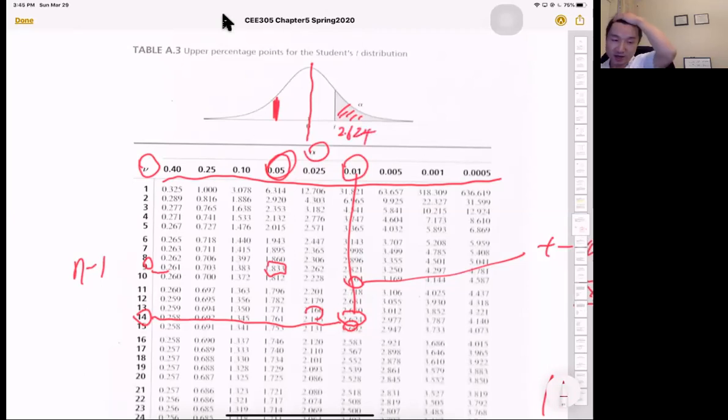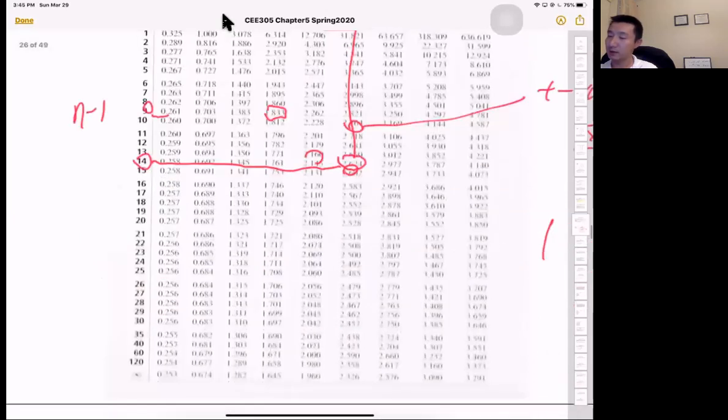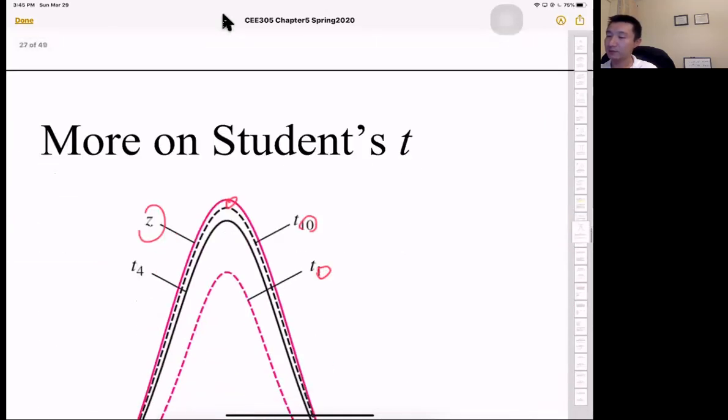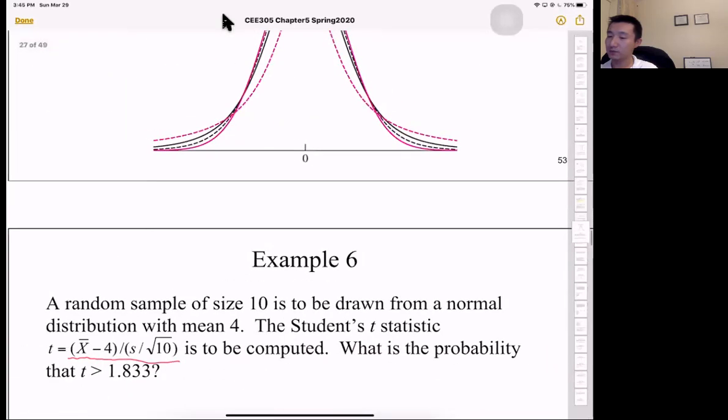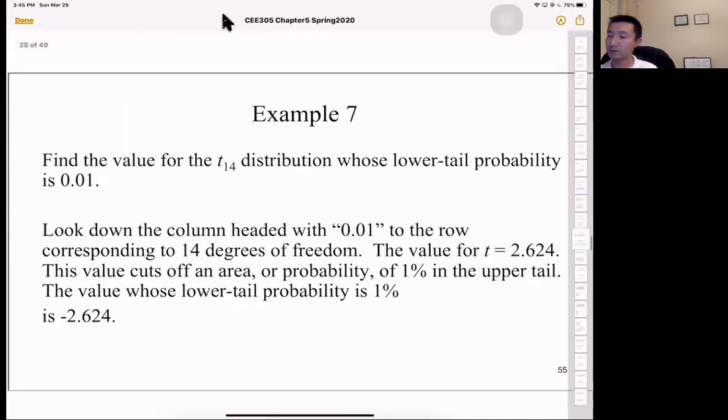But because, again, the curve is symmetrical to 0, the lower tail corresponding to 1%, 0.01, should be minus 2.624. So that is the answer: minus 2.624.